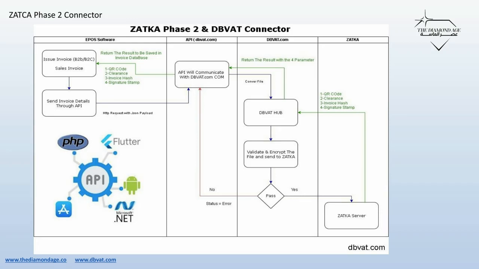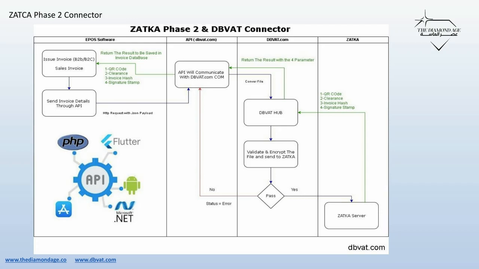So in this case, the seller will issue an invoice, then it will generate the XML file to the second column, which is the API of dbvat. It will collect all the information from this EPOS software, and it will send it to the dbvat hub. The dbvat hub will validate all the information which is coming through your XML file. If the validation is successful, then the request will go through the encryption tool to the ZATCA server.